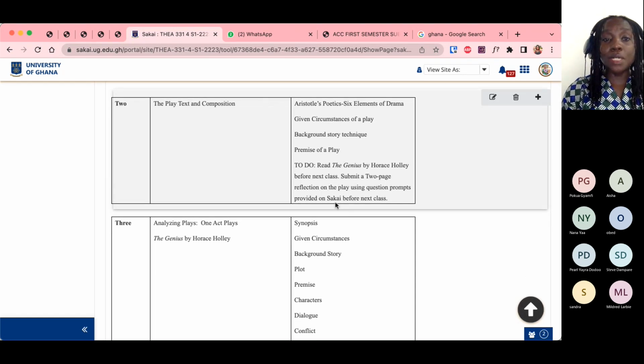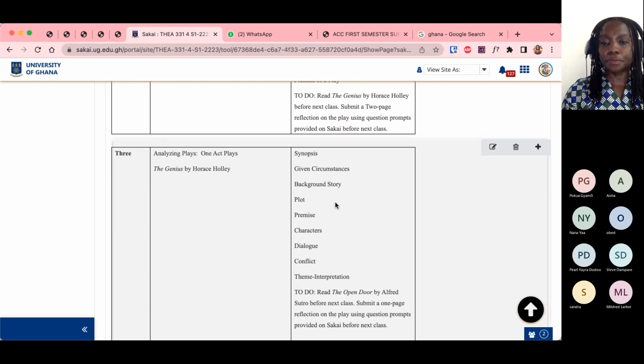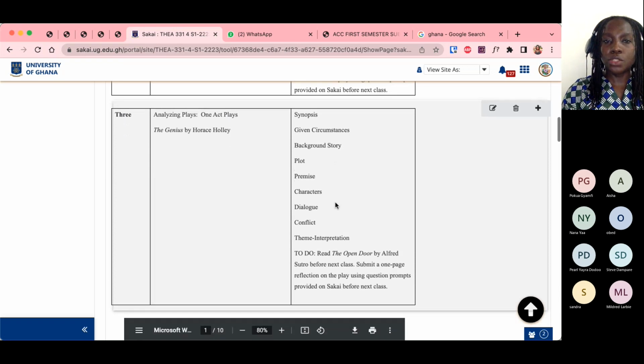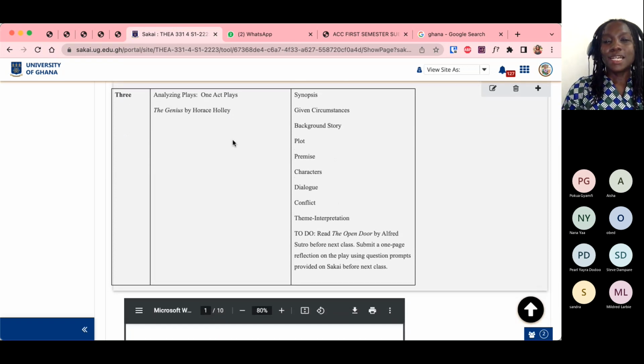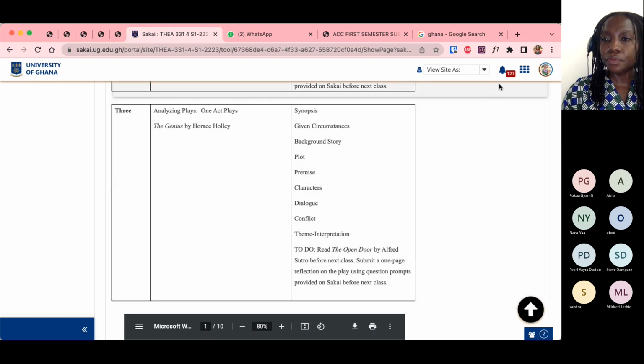And so week 2, we are looking at the play text and composition. And then week 3, analyzing plays, 1-act plays, The Genius. This is where we begin to analyze the plays. I think the same mistake is here again.